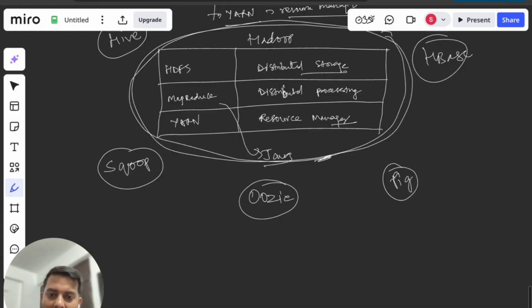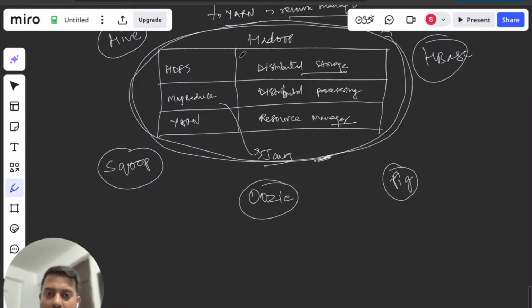I told you about the core components, and even the challenges with MapReduce. Writing code in Java was hard. Even a small task required 100 lines of code, and it was very slow. Because of this, MapReduce became obsolete over time.